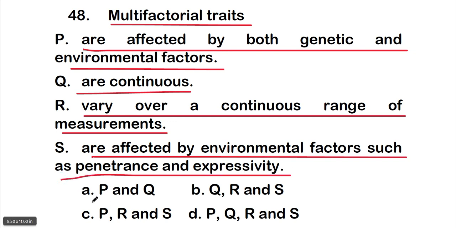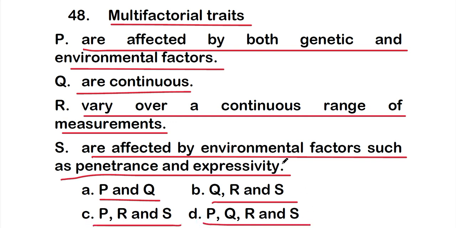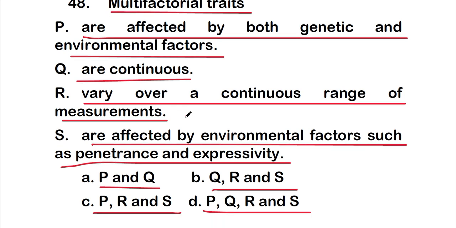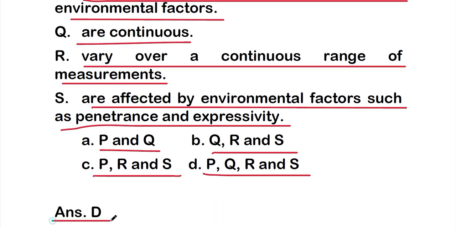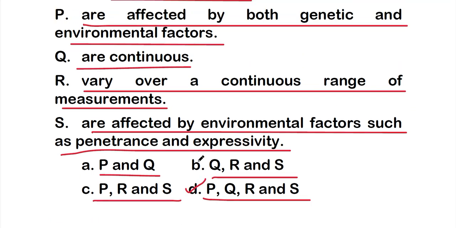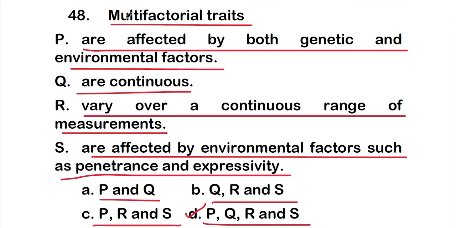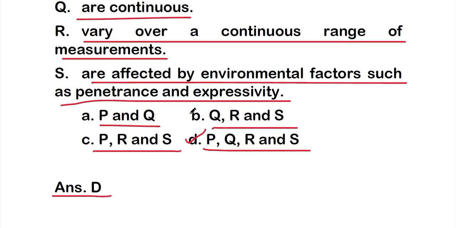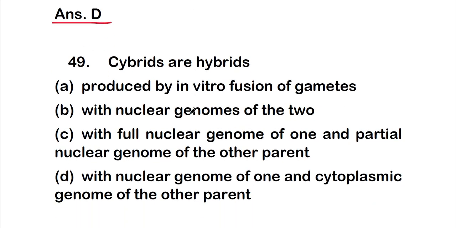So the options are option A, P and Q is the right one, option B, Q, R and S is the right one, option C, P, R, S is the right one, or option D, P, Q, R, S, all are correct. So the right answer is option D, that is P, Q, R and S all are correct statements about multifactorial traits. Okay, so let's move on to next question, that is question number 49.